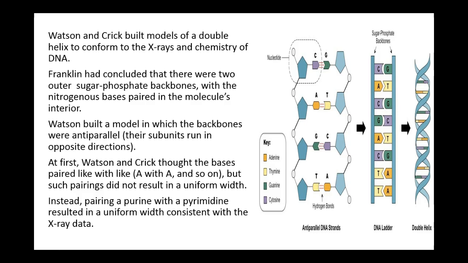and the thing that's on this particular slide, which I should have moved ahead, is you have that word at the bottom, purine and pyrimidine, in terms of the pairing. And they realized that this has to be the pairing in order for there to be consistency in the width of the ladder.